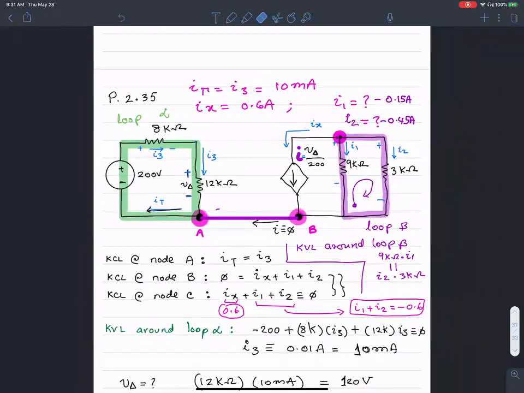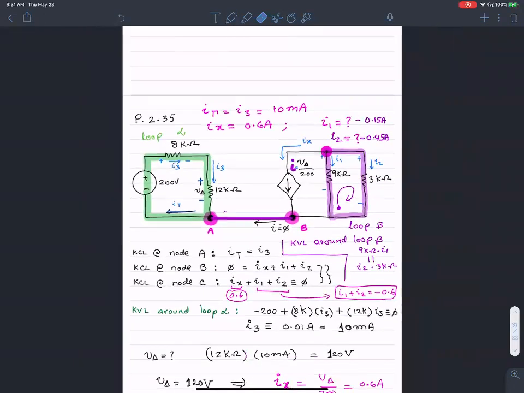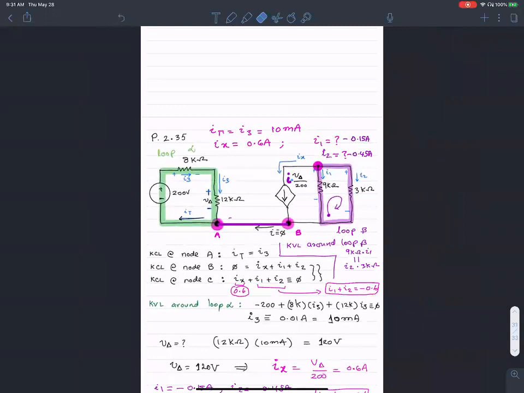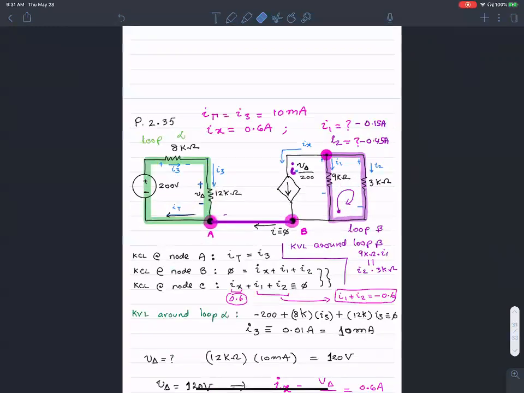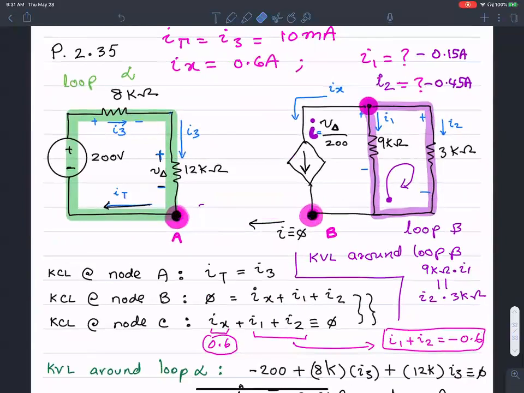Even though there are no wires connecting, would it still be considered one circuit? Yes, it's still one circuit, and what ties these two parts together is the dependent current source. This value is dependent on the voltage here, and that's a hidden connection, not shown.